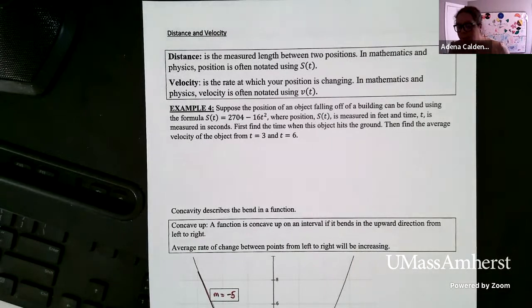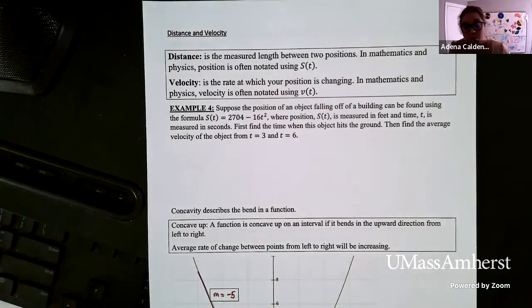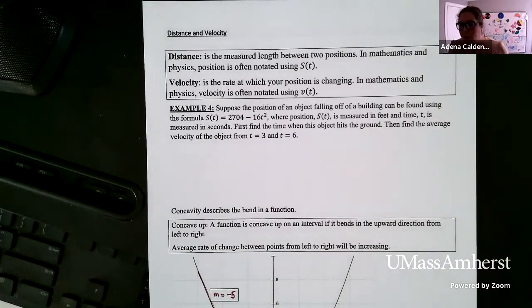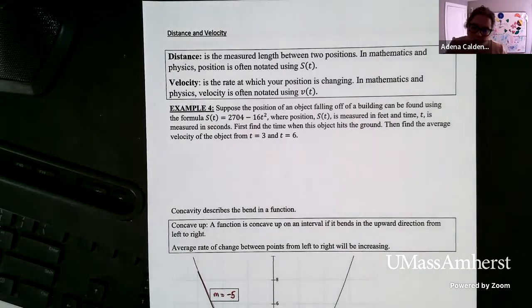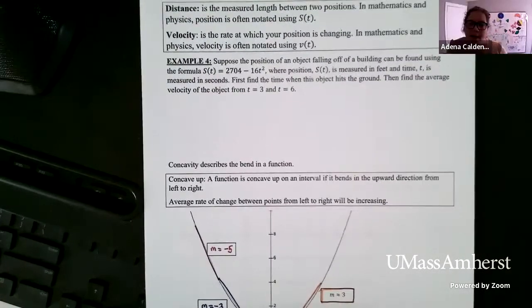So what we're going to be looking at in this example is we are going to try to approximate the average velocity, which is an average rate of change. So we are going to be trying to find that by doing what we were doing in the previous problems and thinking about the original function, where we're interested in, and using our average rate of change formula. So there's two parts to this problem that we're going to look at.